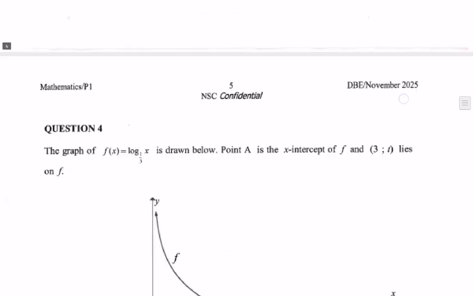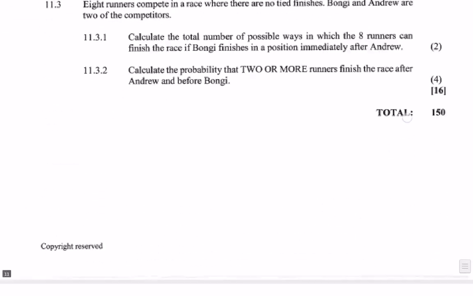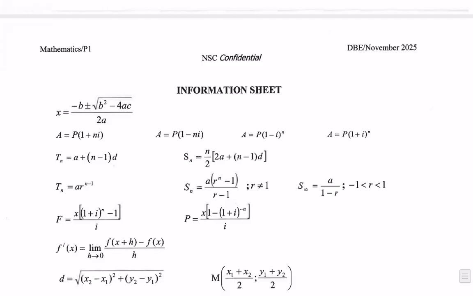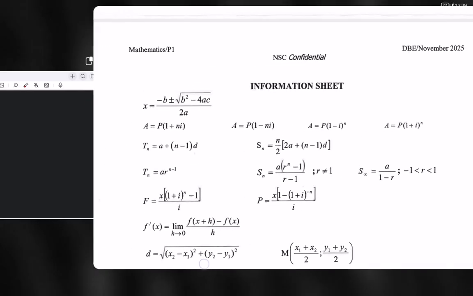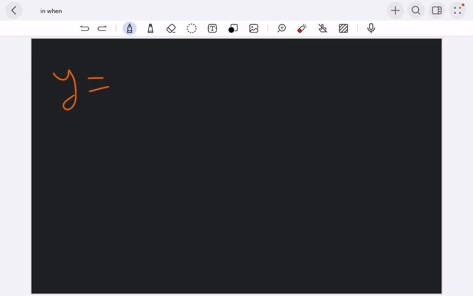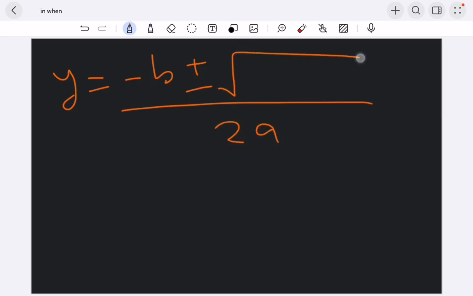I haven't really done this in a long time, so it gets fuzzy. You just have to come back here and confirm things. Okay, so your quadratic formula is minus b plus or minus the square root of b squared minus 4ac, all over 2a.